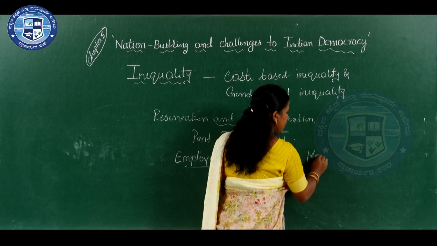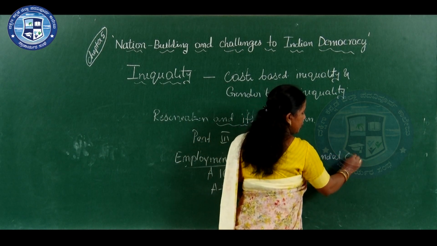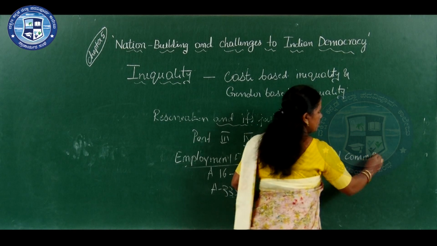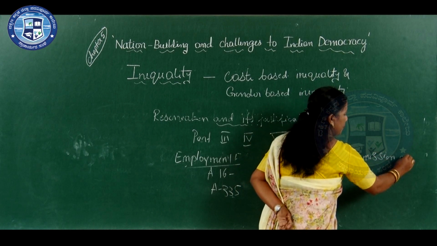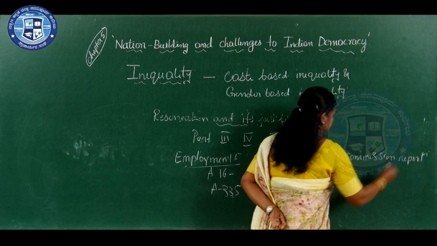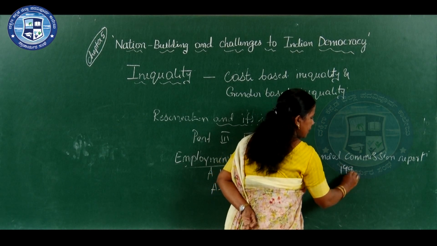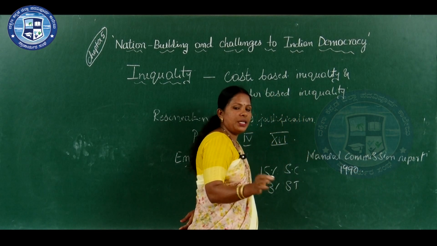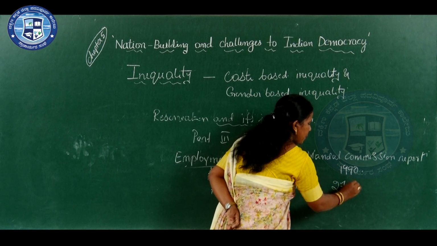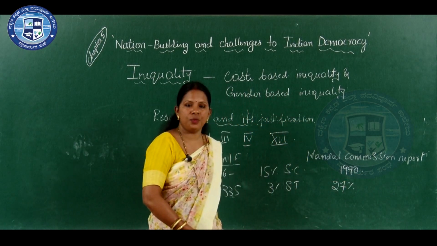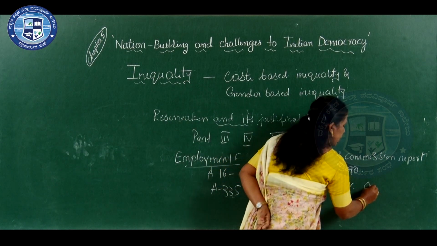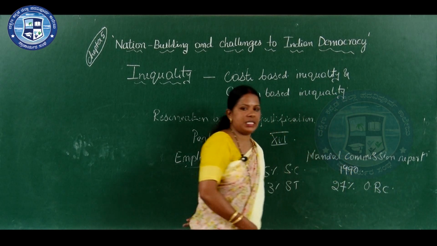See, it is important. The Mandal Commission report was implemented in 1990. It provided 27% of job reservation for the other backward classes, OBCs.